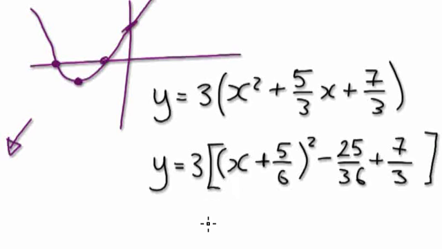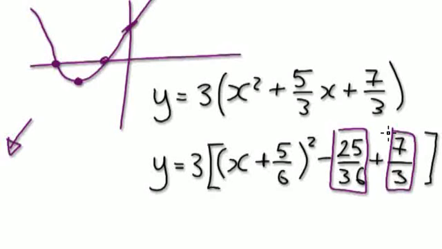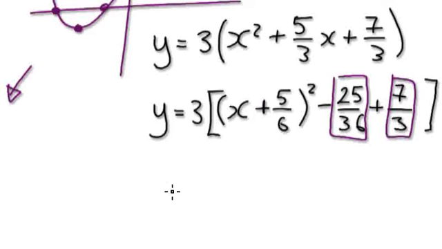So the next step is to merge these two fractions together here. Times top and bottom here by 12, then the two denominators will be the same.